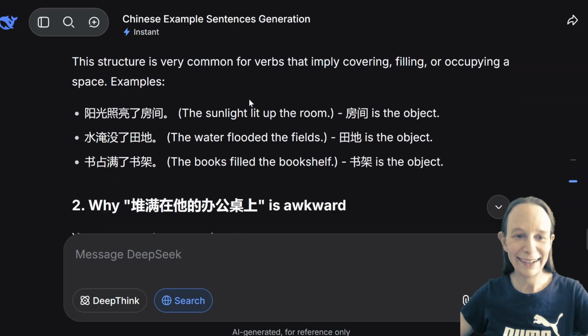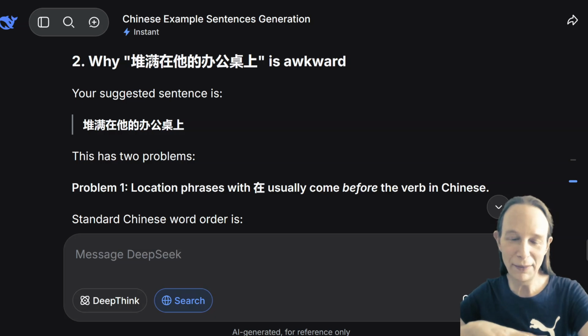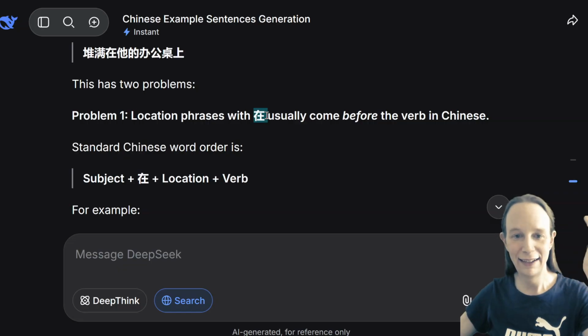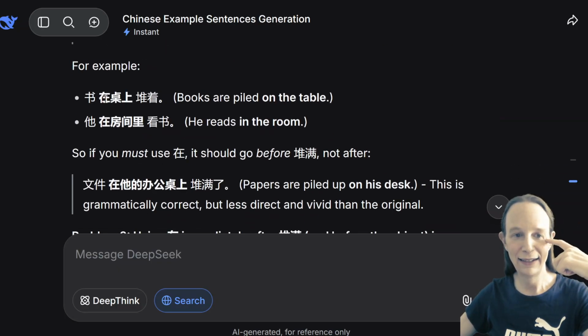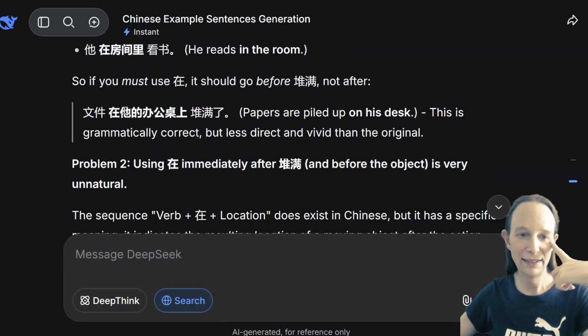Why is this awkward? 堆满在他的办公桌上. Really? Oh, 在办公桌上堆满. All right. But 文件在他的办公桌上堆满了.